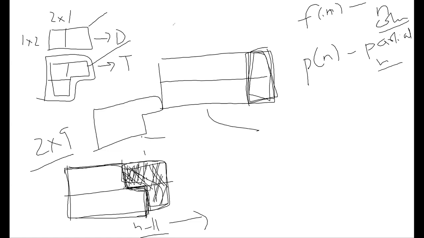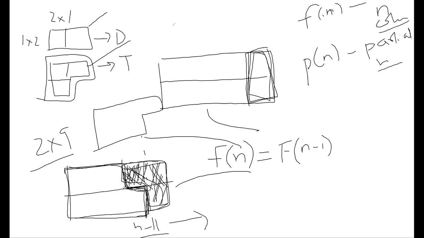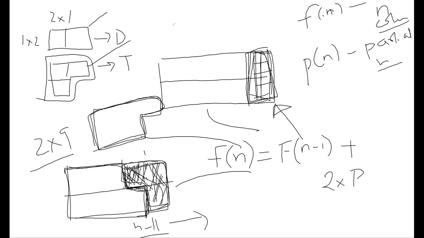So based on these, if you want to calculate the number of completely filled positions till the nth column, what we need is the total filled ways for n minus 1, because at the end we are just adding one domino. And we decided there were 2 states that we can create and use the tromino at the end. So 2 into the number of ways I can create this partial state of the 2 cross n, the partial state for n minus 1 columns.